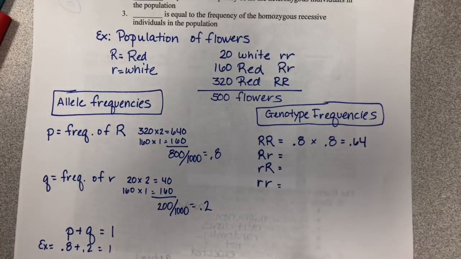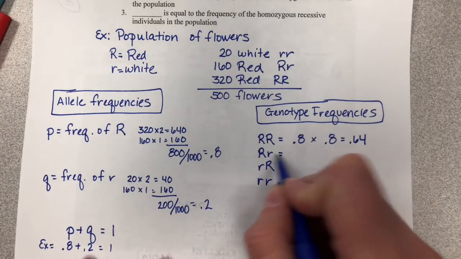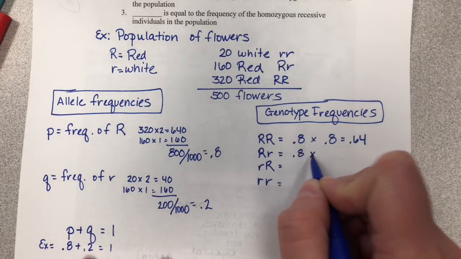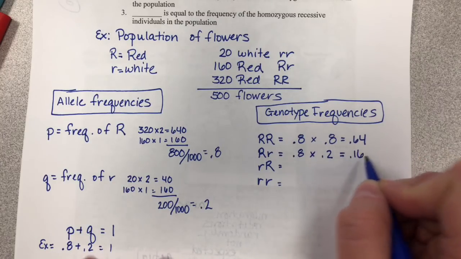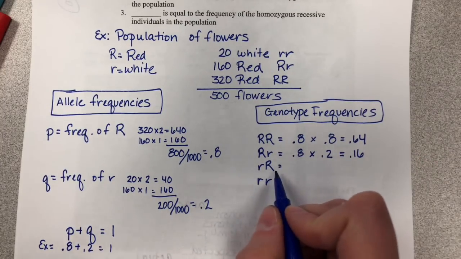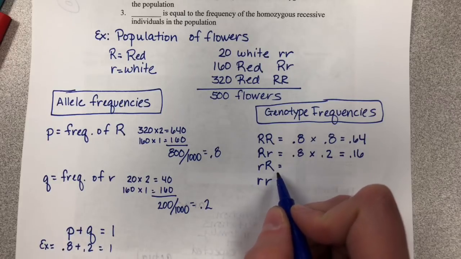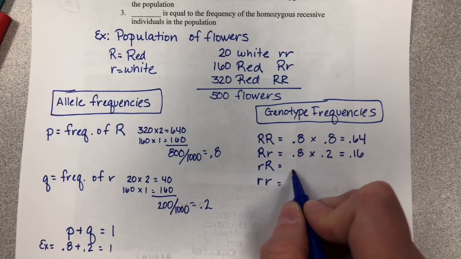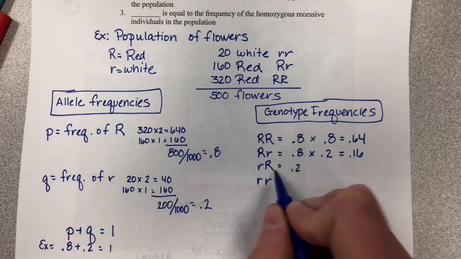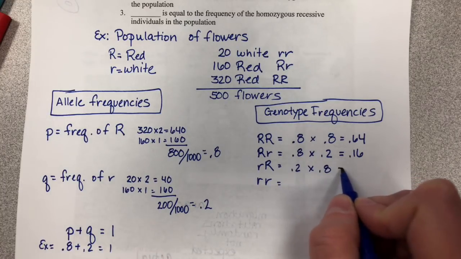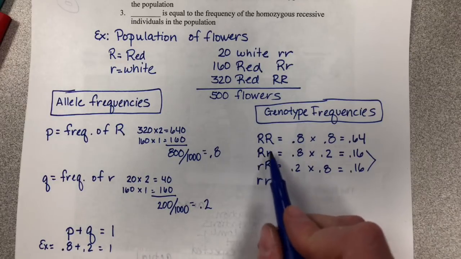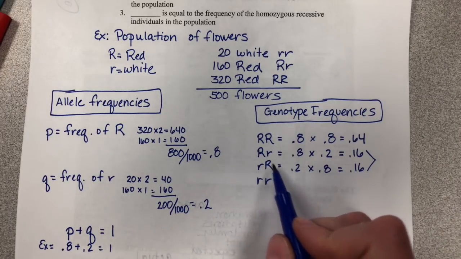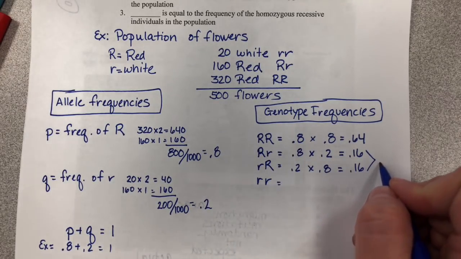Next one, so what I would do is pause this and see if you can follow this logic and do it by yourself. So for big R, little r, the frequency of big R is 0.8 and little r is 0.2, so 0.8 times 0.2 is 0.16. But then remember, big R, little r can be inherited a second way, little r 0.2 and big R 0.8, so we get 0.16 again. So the chance of an individual being a big R, little r individual is 0.32.